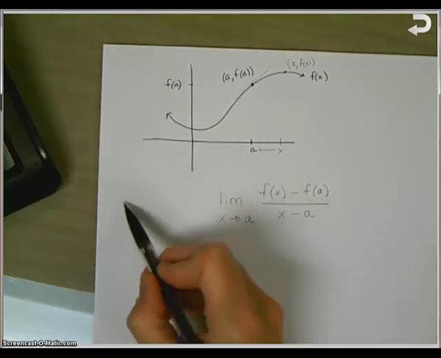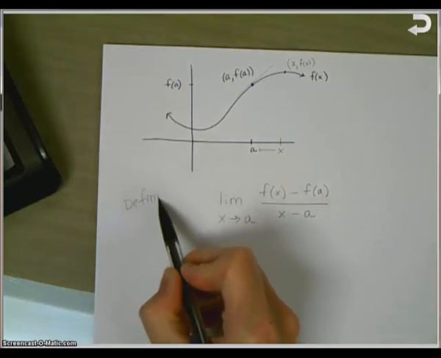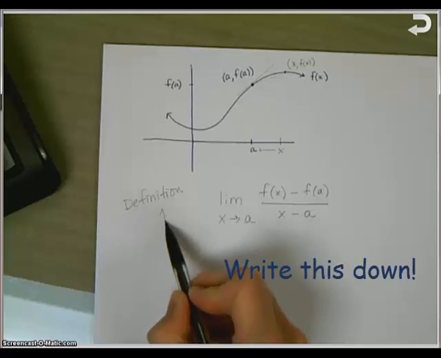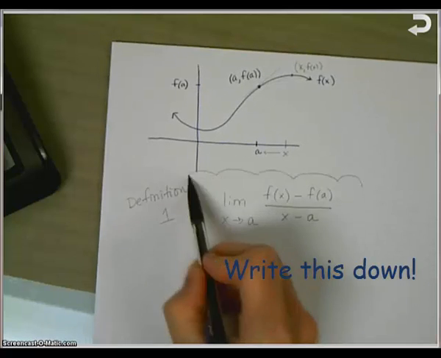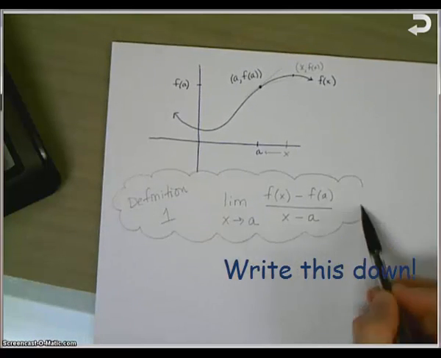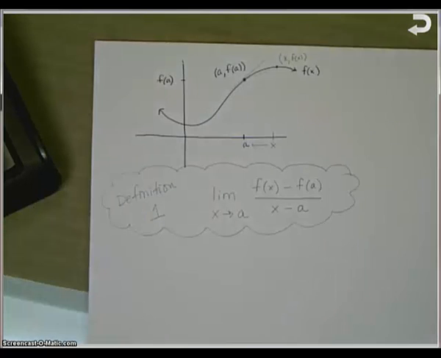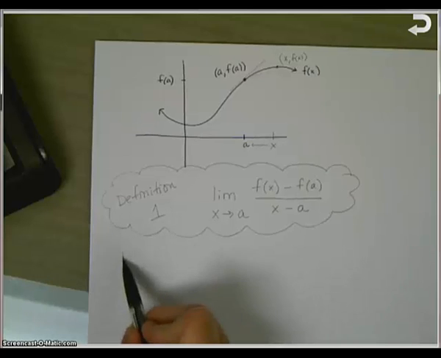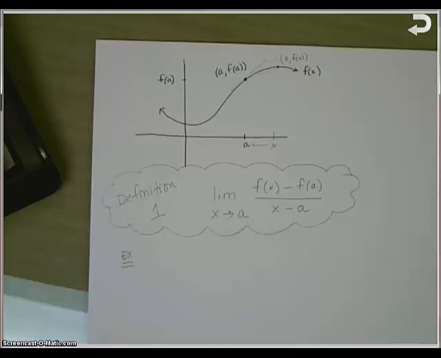This is called definition 1, and the only reason I'm calling it this is because this is what your book calls it. It's just one method of finding the exact rate of change, the instantaneous rate of change at a specific point. So I want to do one example with you, and I'll show you the other method.